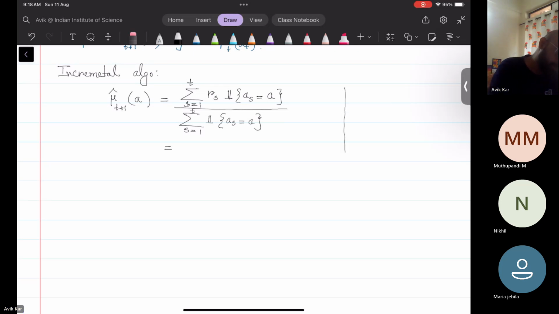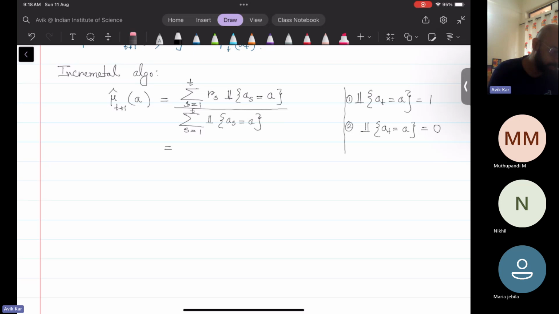Now, one option is that the indicator AT equals to A equals 1, and another option is that it equals 0. If it is 0, then there will be no change.